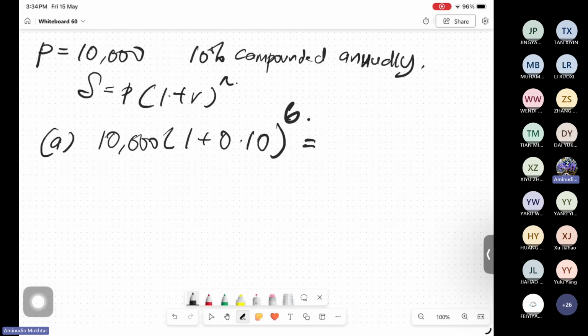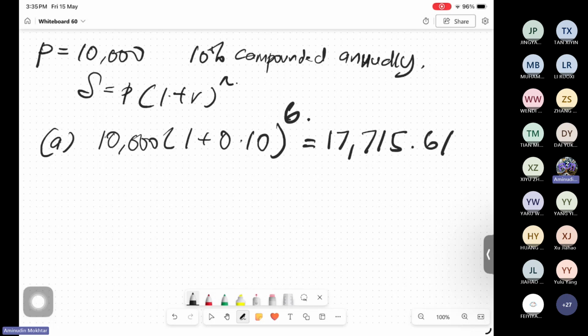In this case, please use your calculator to find the answer. If we go to page 4, the answer is at the end of year 6, your investment now goes to 17,750 ringgit and 61 cent. That's the future value of your investment after year 6, based on the dividend.